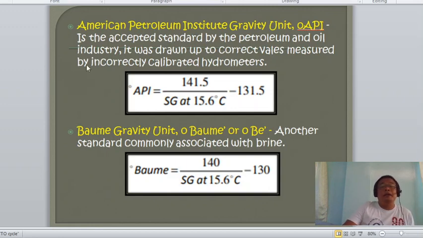Degrees API is equal to 141.5 over the specific gravity at 15.6 minus 131.5. And for degrees Baumé, we have 140 over the specific gravity at 15.6 minus 130. Take note, this is commonly used for brine.